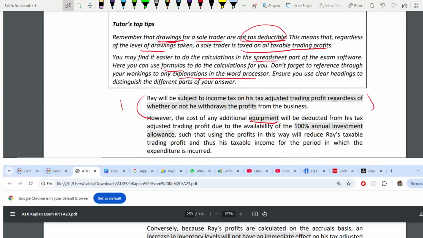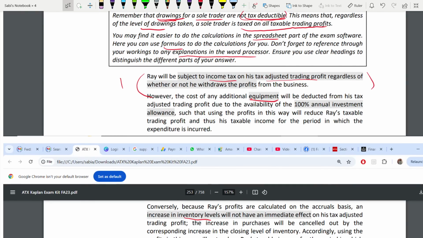So here, regardless of your drawings, they will be subject to income tax on his tax adjusted trading profit, whether he withdraws the profit from the business or not. That's the one point. Next, we are coming to the equipment. When you are buying equipment, what happens? This will be deducted from his tax adjusted trading profit. Why?